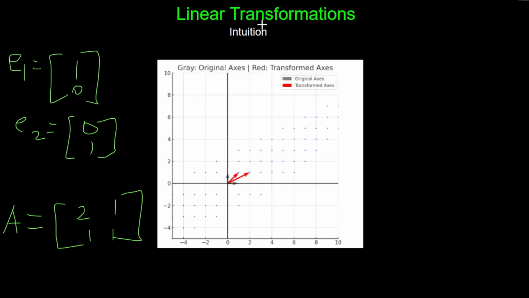Let's talk about the intuition behind linear transformation. Think of linear transformation like reshaping the entire 2D axis system such that all vectors are dragged and repositioned according to a new shape of the space. Here we have the input and output vector space.